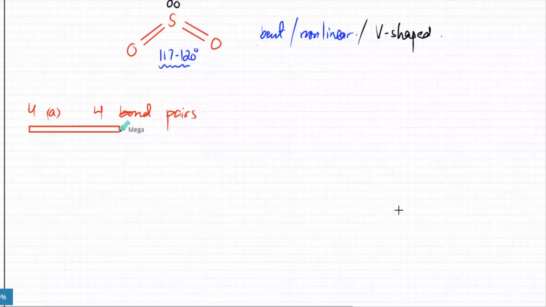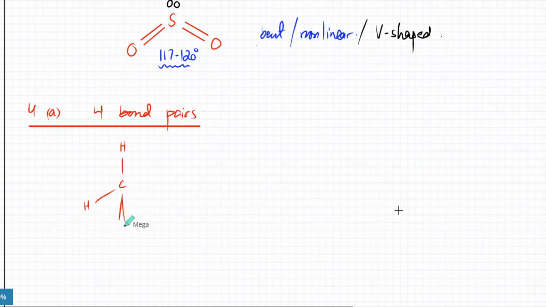So when you have four bond pairs, it's going to be tetrahedral. The prime example is CH4.